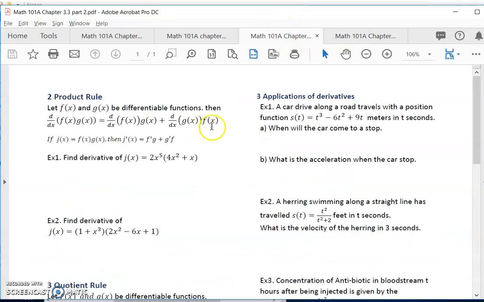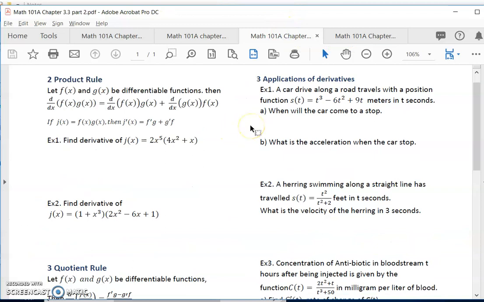The next thing I want to do is the product rule. Occasionally we have cases where, like in example 1, we have a multiplication of two expressions or two functions together, and instead of multiplying it out, maybe we just want to do it individually. The product rule says that we cannot just differentiate them individually and multiply them. That would be very easy.